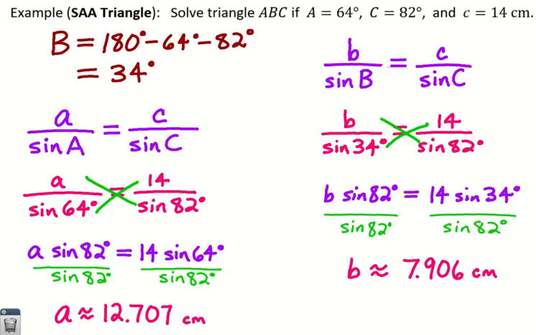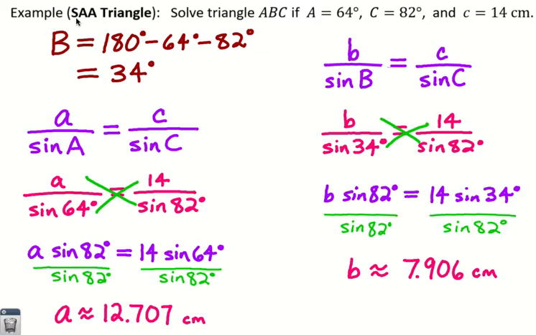You might have noticed that along with this example, it had this kind of thing. And in a way, we could totally refer to this kind of example as an SAA triangle. Do you remember back in the days of geometry class what SAA stood for and what it meant?